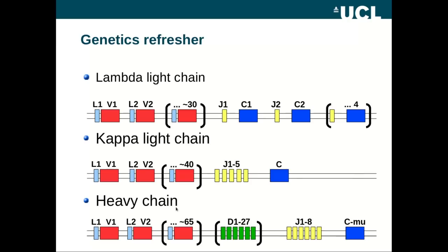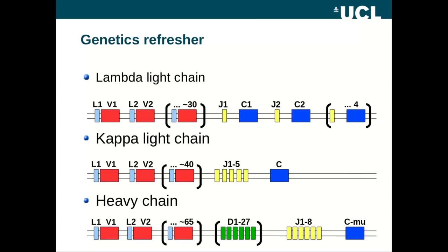And in the heavy chain, about 65 V's, 27 D's, and 8 J's. But because the D segment can go in any one of 6 reading frames, and you can get extra bases inserted before or after the D segment at random, this gives you millions of possible antibody sequences.